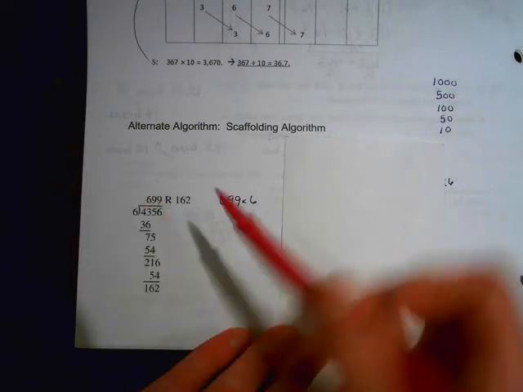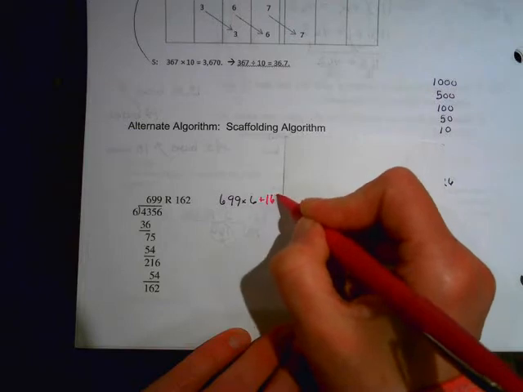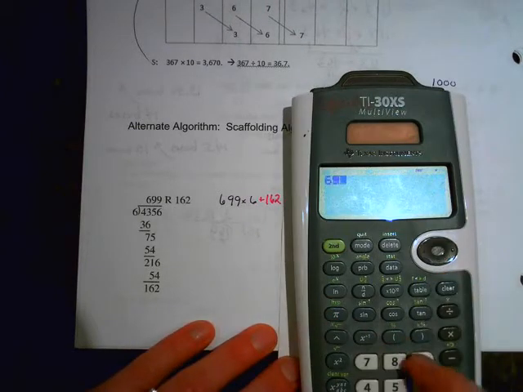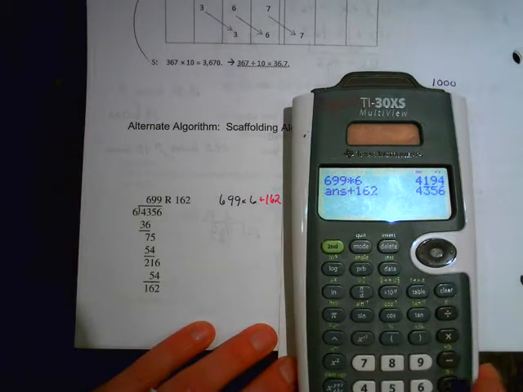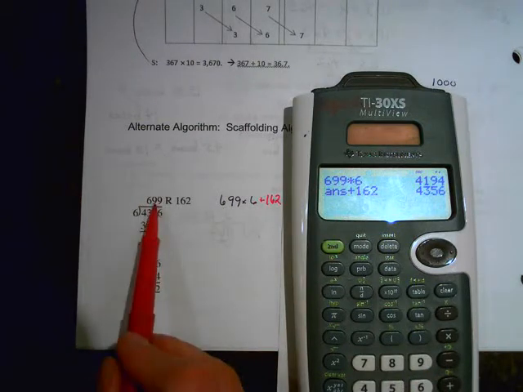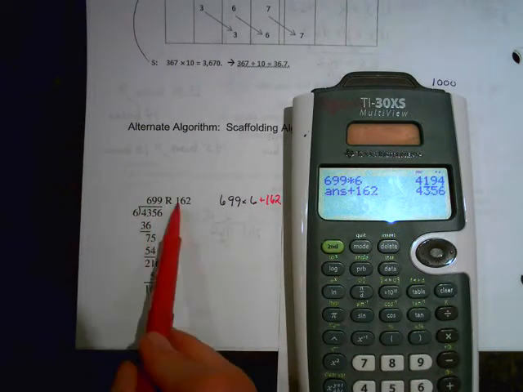If you do that on your calculator, it would appear that you did it correctly, right? If the kids are taught, you take the quotient times the divisor and add the remainder, and if that gives you the dividend, you did the division right.